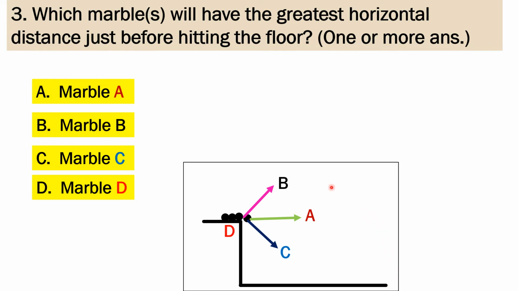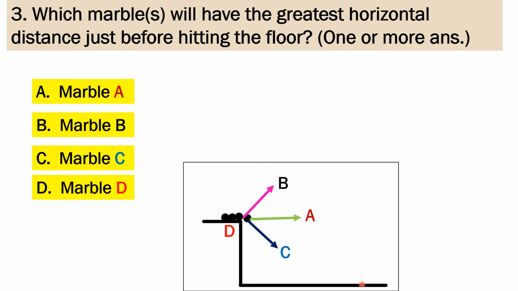That's not the case for marble A because marble A doesn't go up anymore. It immediately moves down in a curved path. So in that sense, we can say that it takes shorter time for marble A to reach the floor.